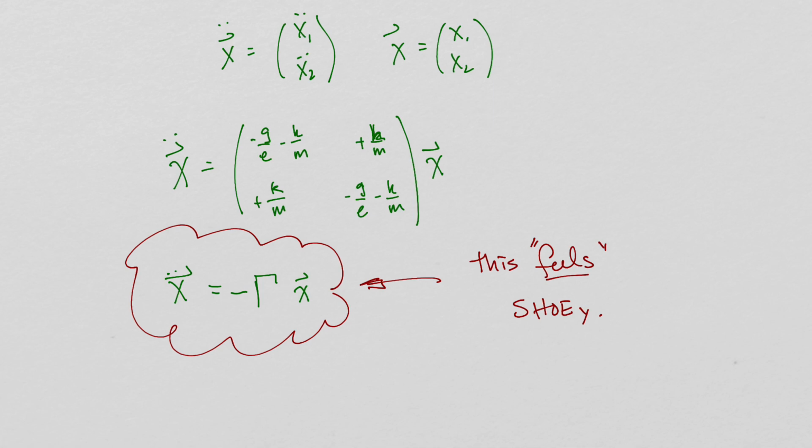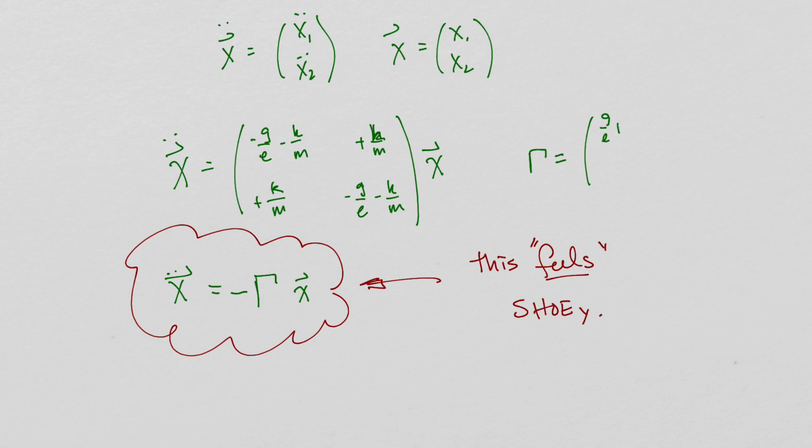And now, when I write it like this, this is something that starts to feel pretty sure. Now note, I've taken an overall minus sign out of this. So in fact, the matrix that I'm defining as gamma is not the one that I see here. It has an additional minus sign.